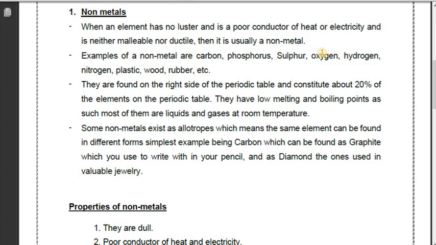You can have carbon in the form of graphite. The diamonds, I'm sure you know. The graphite is the one that is mixed with clay and used to make pencil lead. That's what you find in your pencils, right? That's a common example of a non-metal.